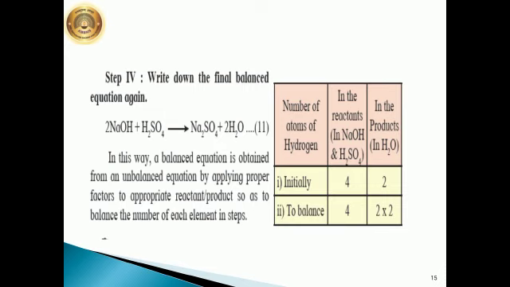What was the original reaction? NaOH plus H2SO4, Na2SO4 plus H2O. So to balance the equation what have we done? We have written 2 on the NaOH side and 2 on the H2O side. In this way a balanced equation is obtained from an unbalanced equation by applying proper factors to appropriate reactants and products so as to balance the number of each element in the equation.